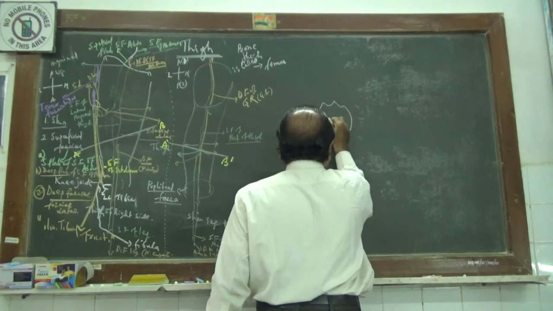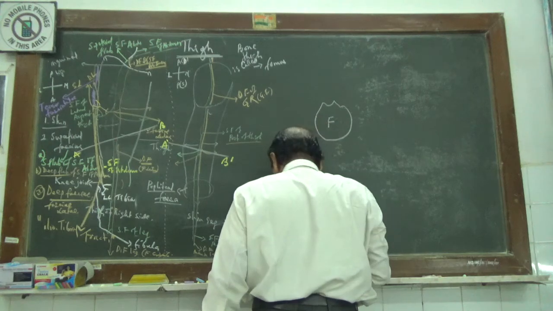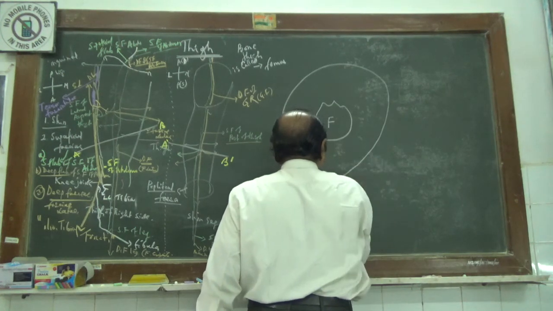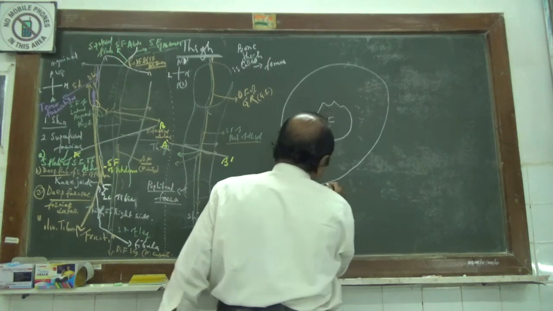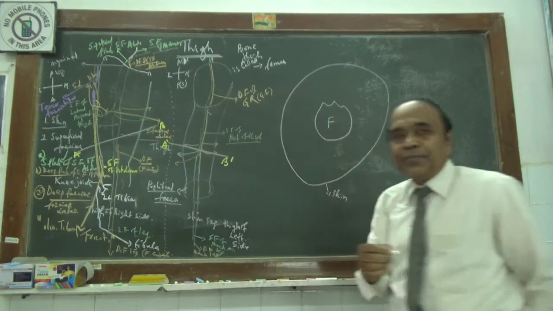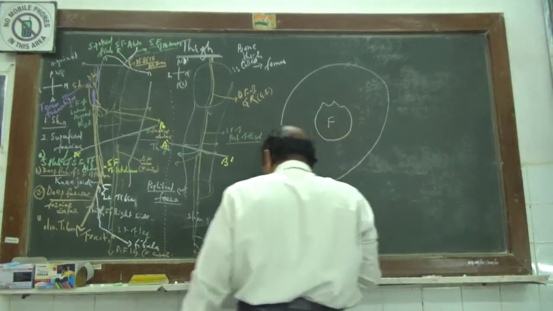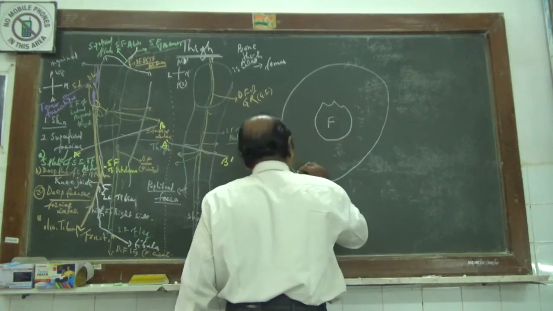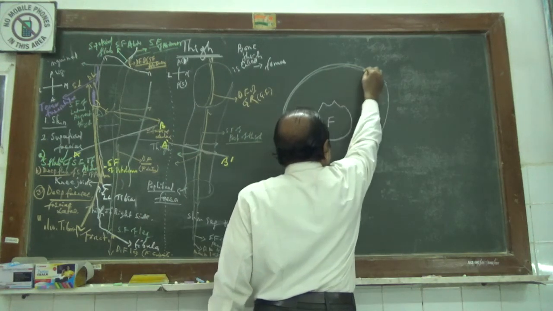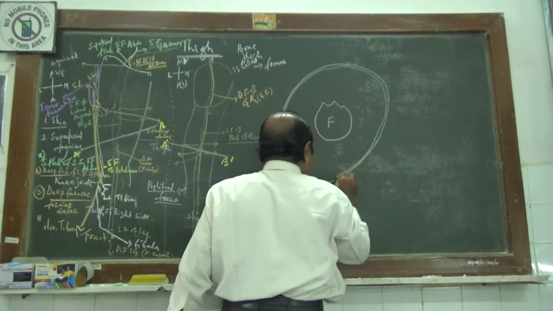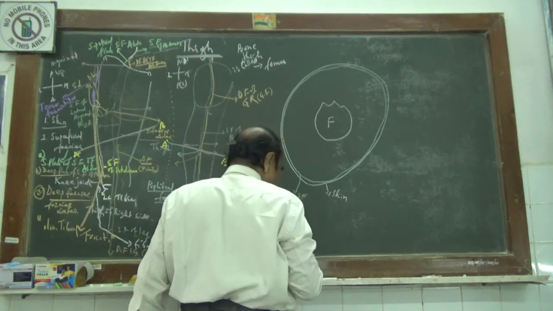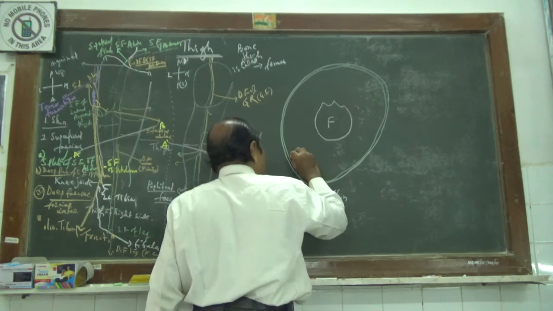This is what the femur appears like in the thigh. This is the skin. Then you will have this, which is said to be the superficial fascia. Then the orange, what will be there?